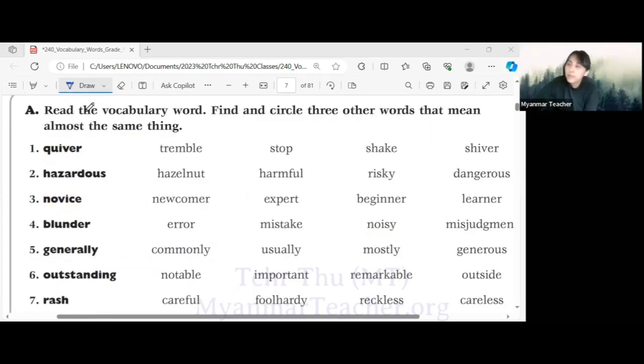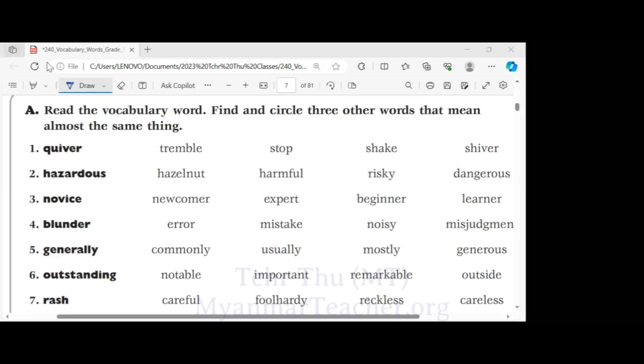Okay, this time read the vocabulary word, find and circle 3 other words that mean almost the same thing. Synonyms, 3 synonyms in each line. So quiver: tremble, shake, and shiver.